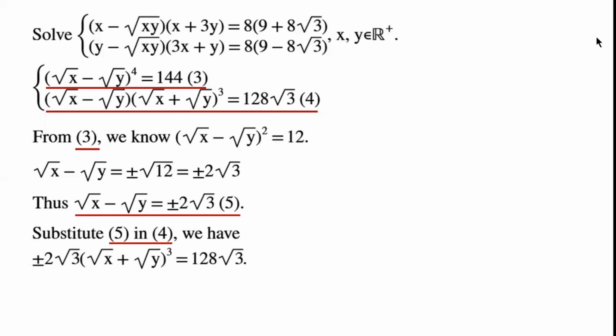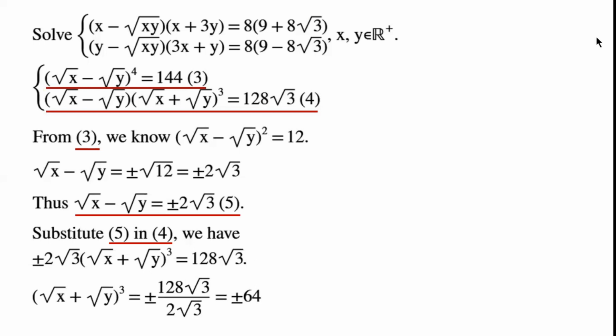We have plus or minus 2√3 times (√x + √y)³ equals 128√3.